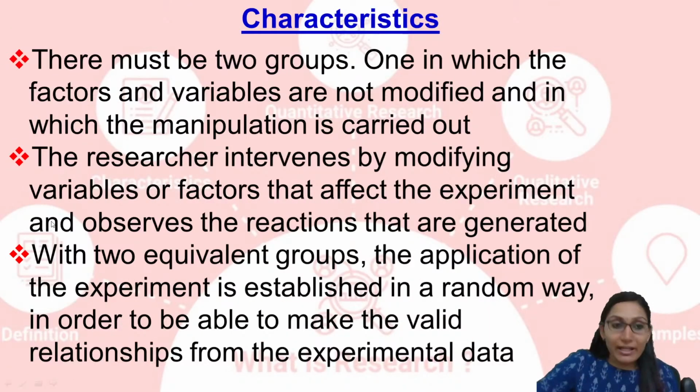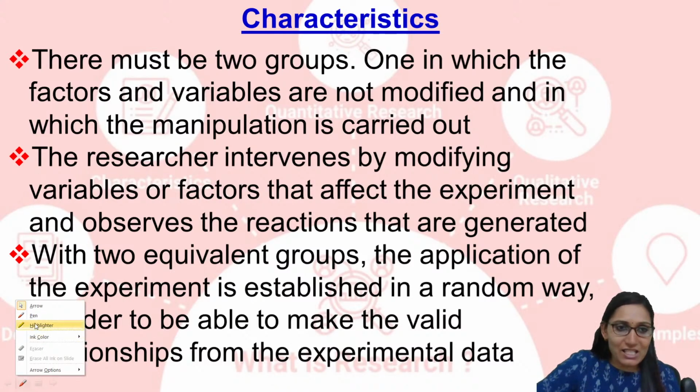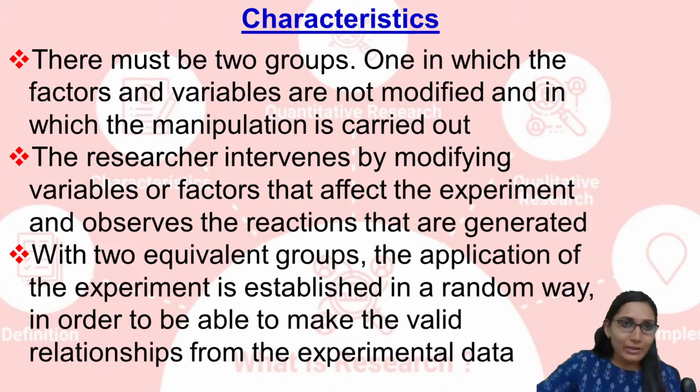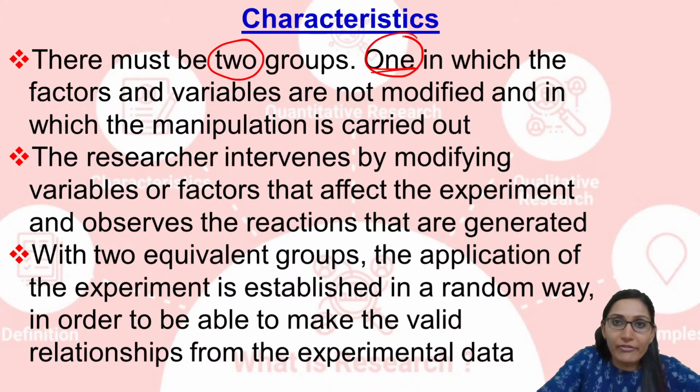Now coming to characteristics of experimental research. There must be two groups. One group in which the factors and variables are not modified, that is constant.